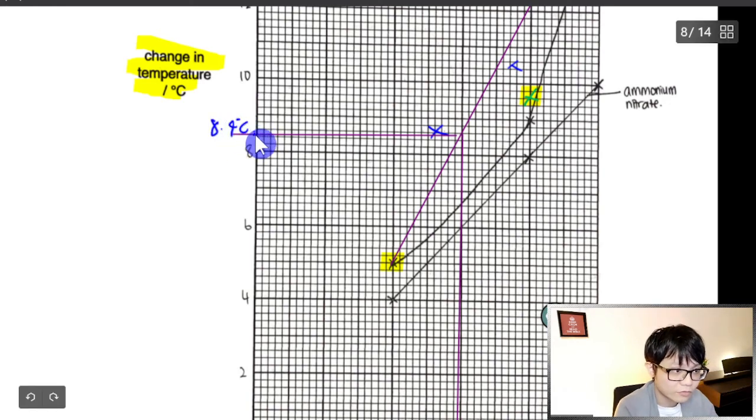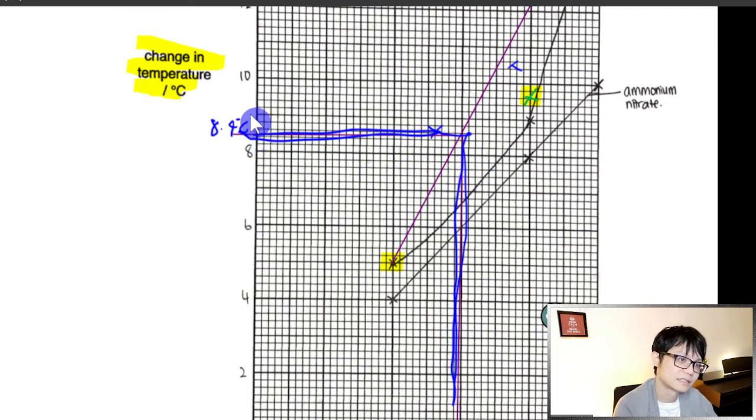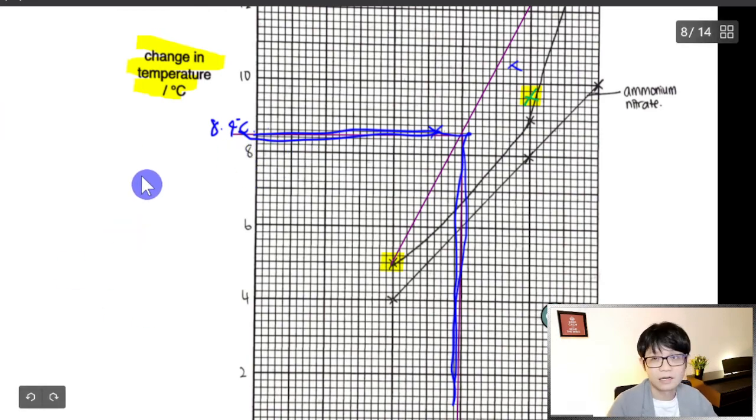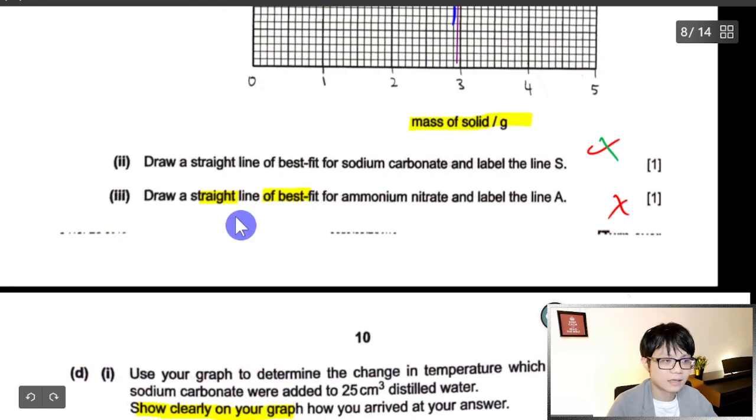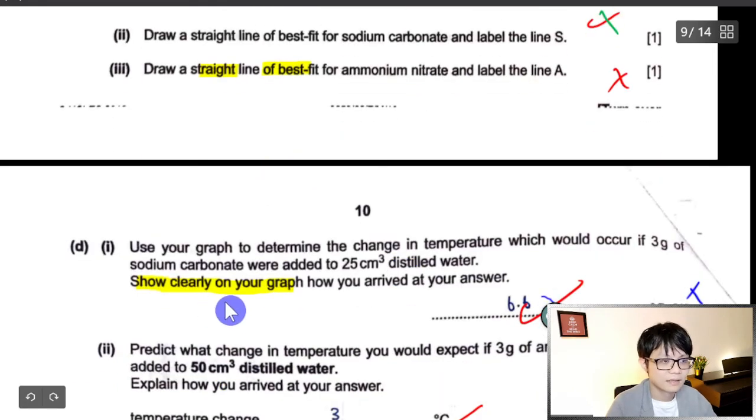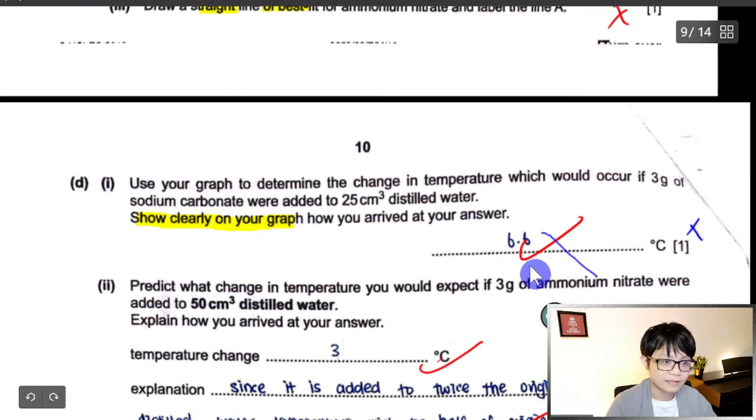So you need to clearly draw on your graph paper the arrow, using a ruler. The reason I draw like this is so that you can see the 8.4. So this is how you show clearly that you arrived at the answer.